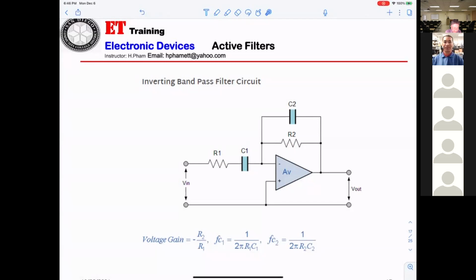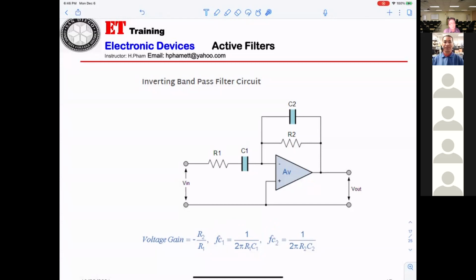Okay, and cutoff frequencies FC1 and FC2. Basically, I never remember the circuitry for the band pass filter.